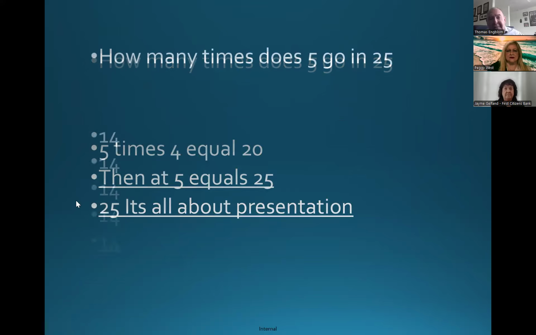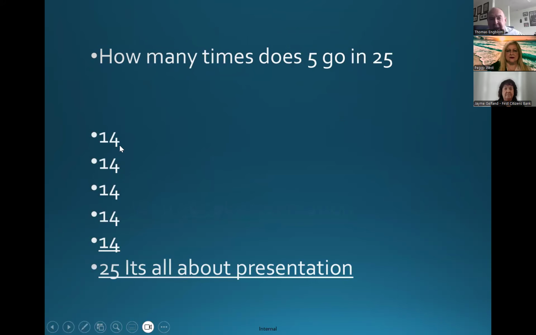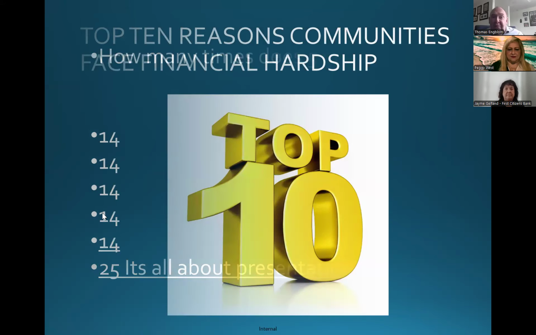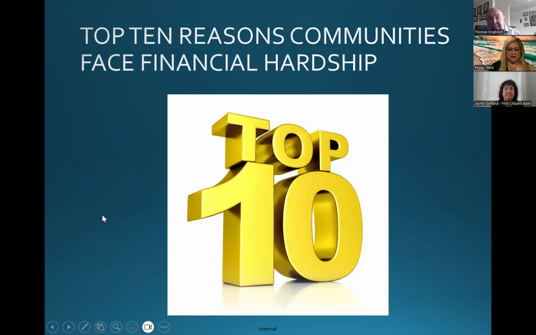And how I can support my math: 4, 8, 12, 16, 20, 1, 2, 3, 4, 5, 25. So it's all about presentation. It's all about how you perceive everything and how you try to understand what's going on with the loan.